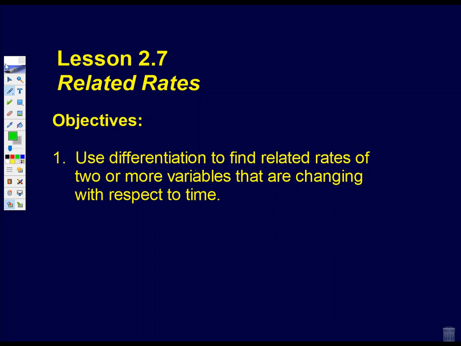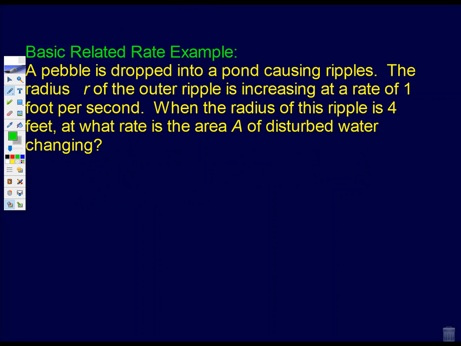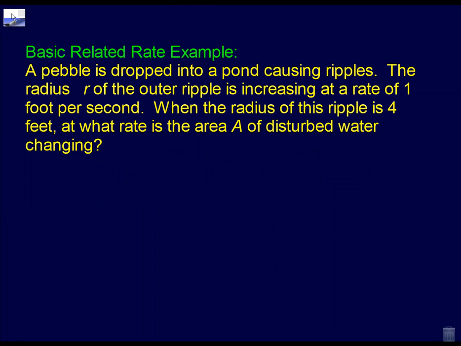Let's take a look at a real quick example of how this might happen. So we've all done this before. We've dropped a rock in a pond or in a puddle, and what we notice is that there's a single point where the rock hits the water, and then ripples start to form, and those circles get larger and larger and larger.